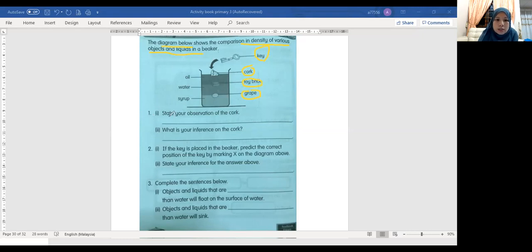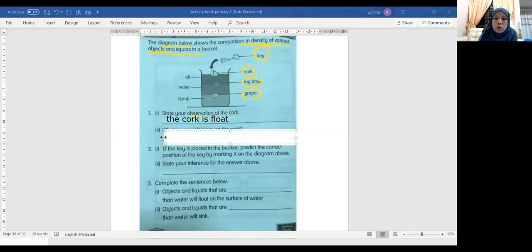So the first question: state your observation of the cork. What happened to this cork? What did you see? As you can see here, the cork floats. So you write here, the cork floats. Number 2. What is your inference on the cork?